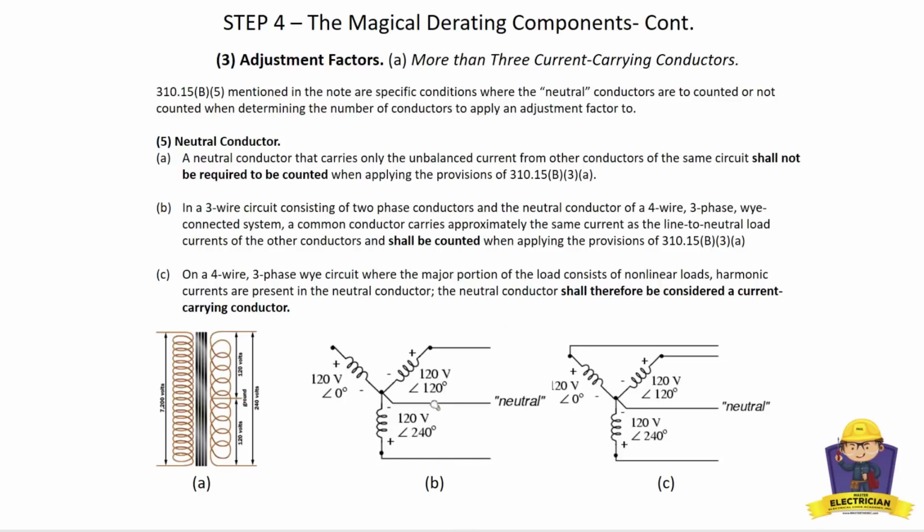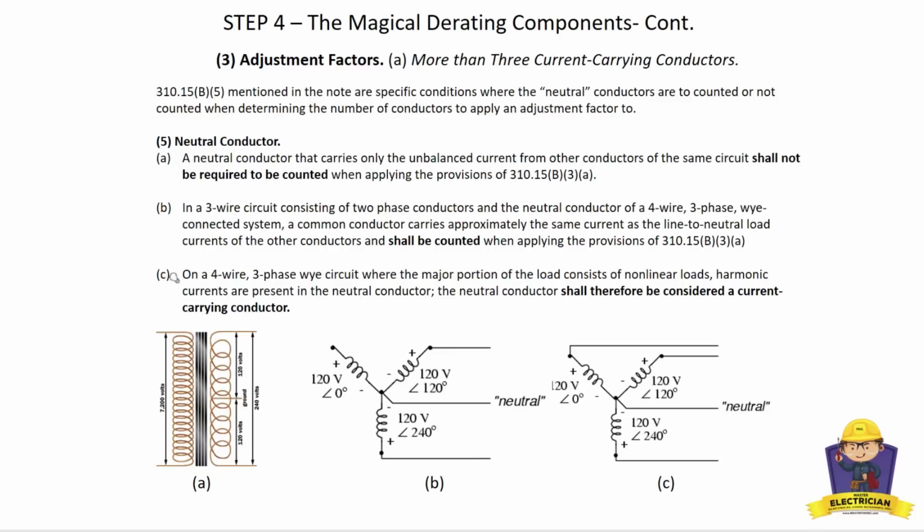Okay, vectorially, and it's hard to show that in a graphic, and I didn't prepare one, but if you're grabbing here and you're grabbing here and you're pulling both of these in this direction, that means ultimately the neutral is moving in that same direction, and it can actually carry approximately the same current as these other ones. Again, that is a simplistic description, probably not 100% accurate, but I think you get the idea. Just remember it if you're dealing with one of these types of systems.